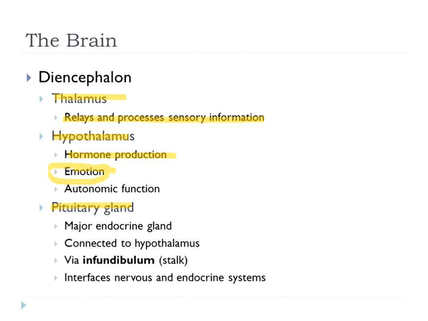So the thalamus is a big job, and it's a huge job. If there's damage to your thalamus, it's very difficult for a person to live a normal life. It's because it processes and relays all of that sensory information. So any of the information that comes into the brain goes directly to the thalamus, and then the thalamus relays that information to whichever part of the brain is responsible for handling that.